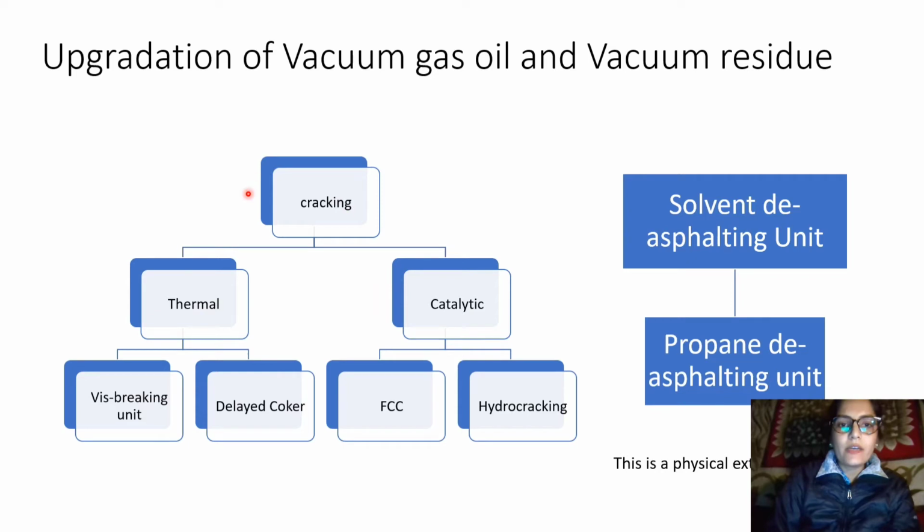The cracking can be of two types: thermal cracking and catalytic cracking. What is thermal cracking? From the name, thermal means from temperature or heat, and catalytic is the use of a catalyst. Thermal can be divided into two parts: visbreaking and delayed coker.